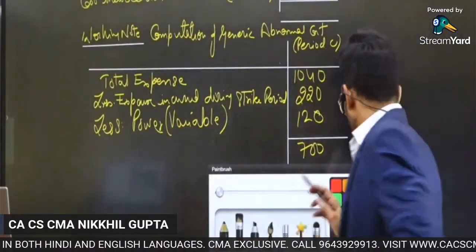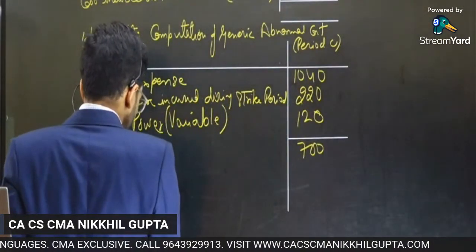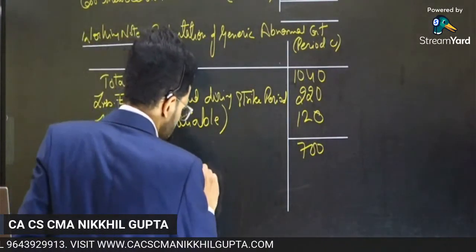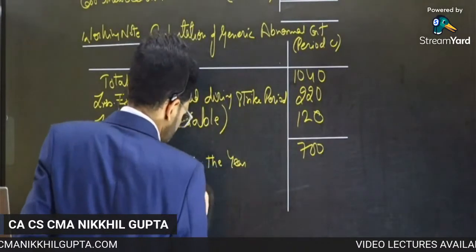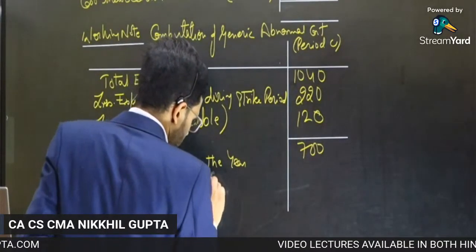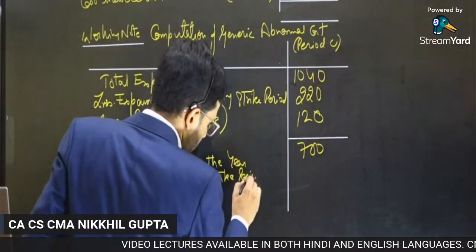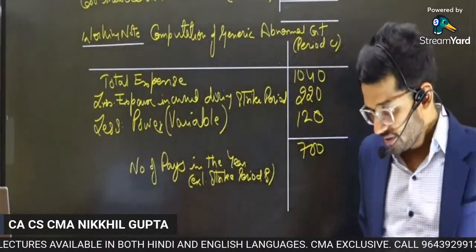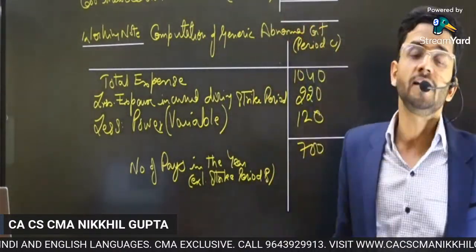So now I need to know the number of days in the year excluding strike period B. Sir, why are we excluding strike period B? Because strike period B is also already considered in 220.